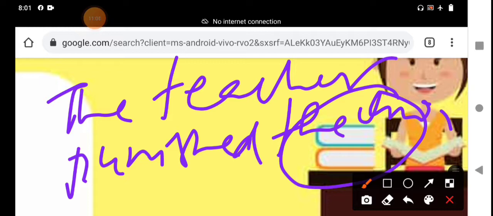It is an indirect object. Indirect object means it indicates persons. The teacher punished the children. It is the object of the verb punished. That is one of the functions. There is also the direct object, without persons.